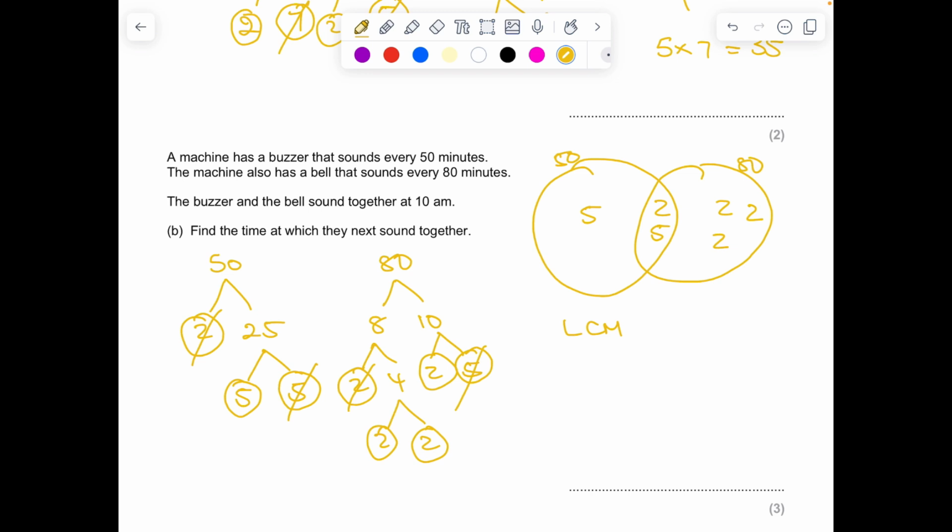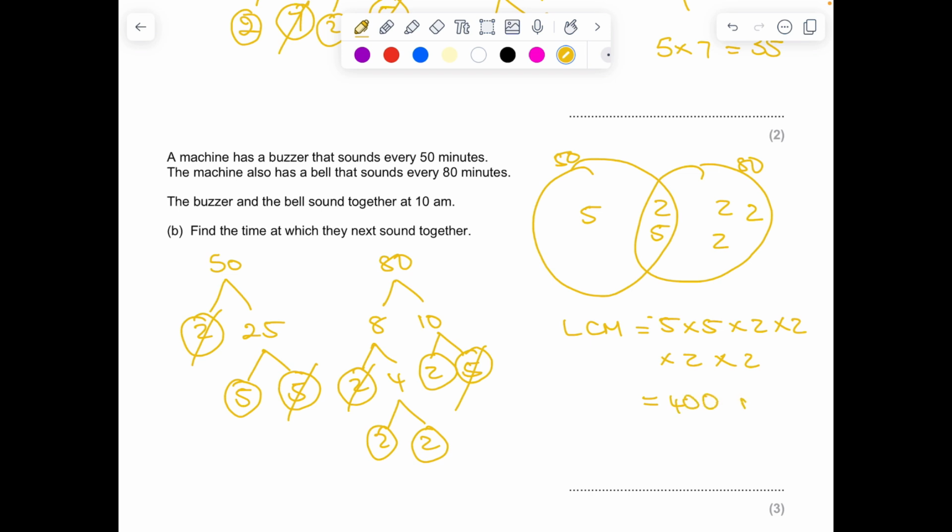So let's do that. So we've got 5 times 5 times 2 times 2 times 2 times 2. And so I'm going to do it on the calculator. 5 times 5 times 2 times 2 times 2 times 2, which gives me 400.